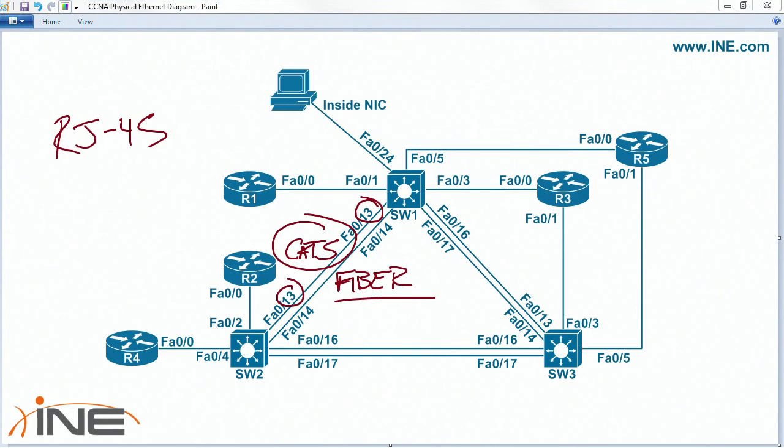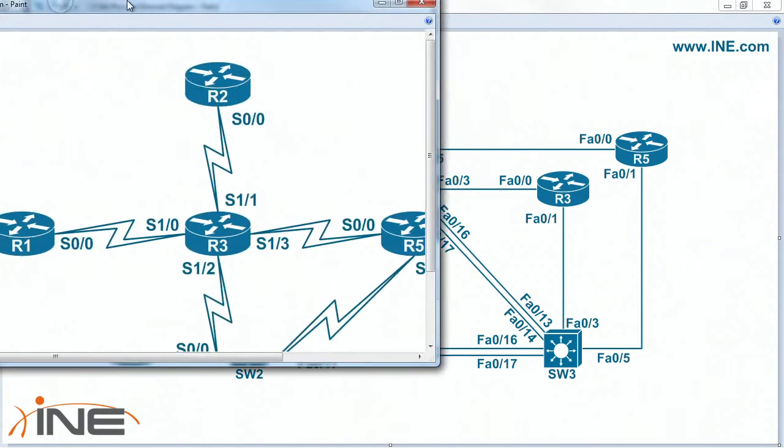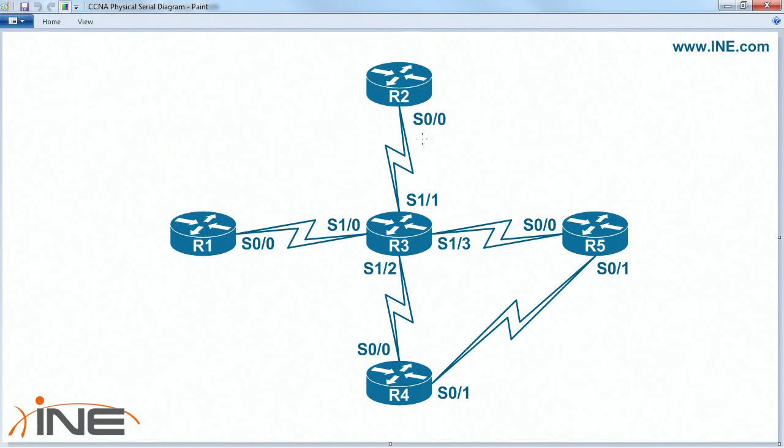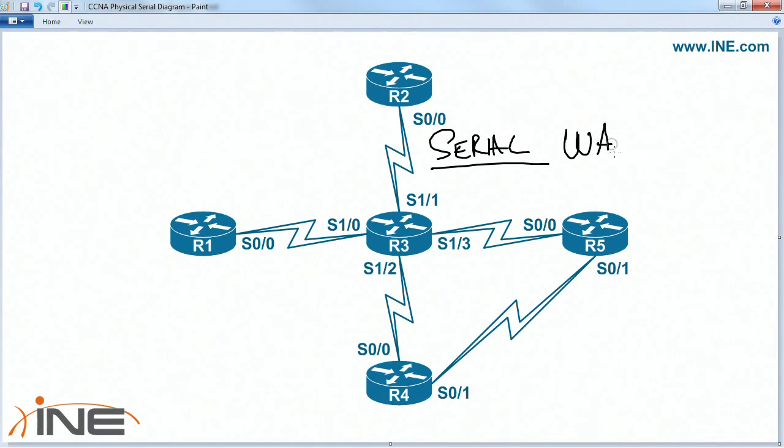There's also another one we'll look at, which is the routers connected together with what's known as serial links. A serial link typically is used to connect to the wide area network, or the WAN. This is what we would use to connect to our internet service provider in order to send traffic between different remote offices.